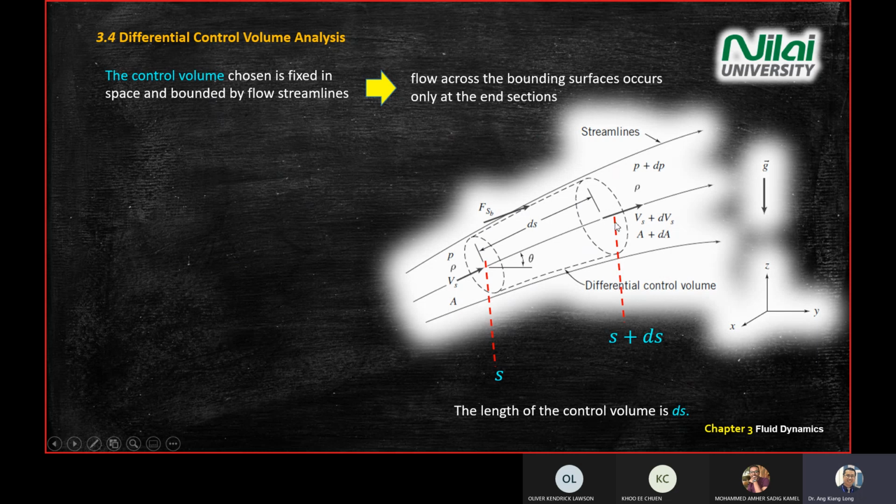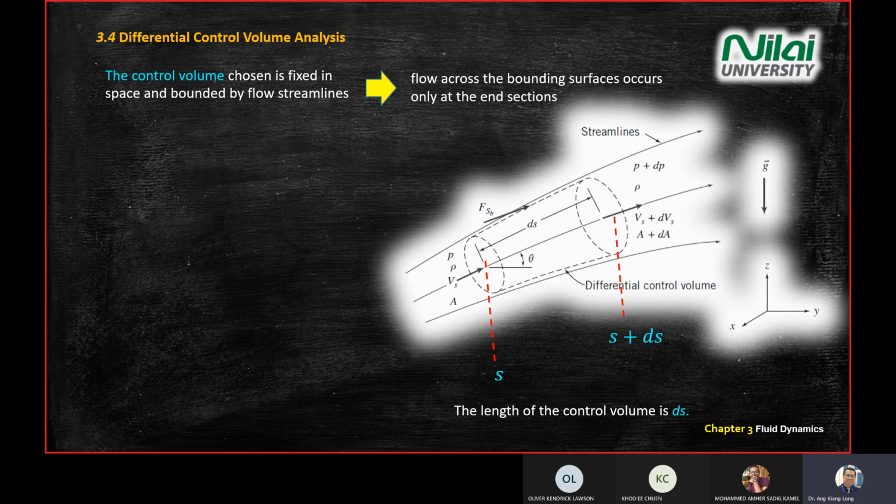S plus ds stands for the location, and all these parameters will be used for the derivation. The next one is, we assume all the parameters are positive values, where pressure increases, velocity increases, area increases.